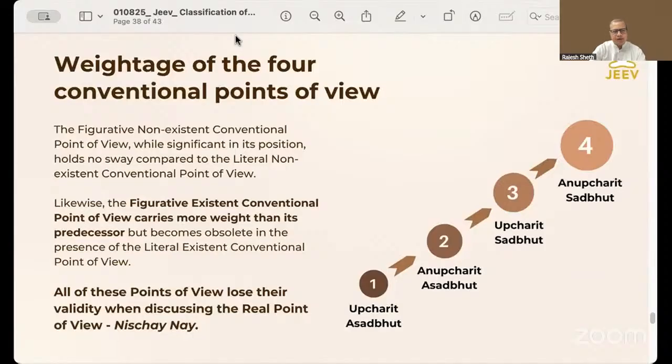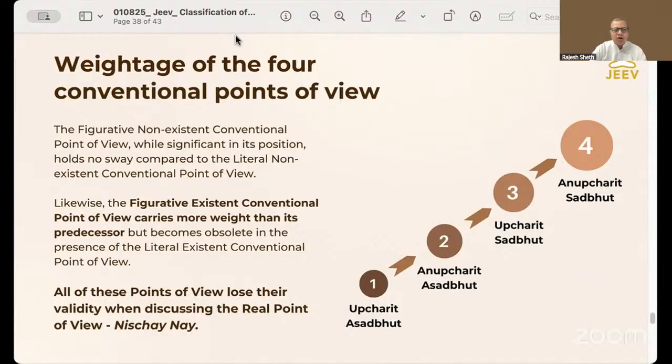Then when we move on to number 3, the figurative existent conventional point of view carries more weight than its predecessor, but becomes obsolete in the presence of number 4, the literal existent conventional point of view.